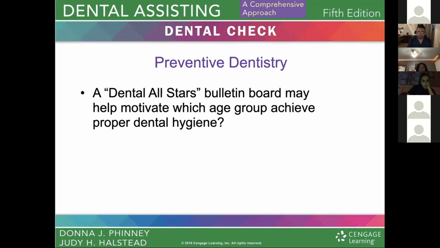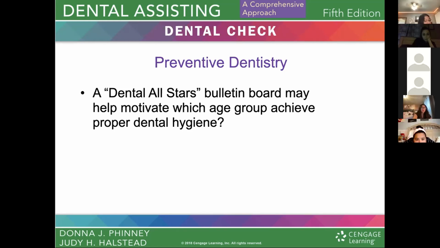Okay, so with preventative dentistry, a dental all-stars bulletin board may help motivate which age group to achieve proper dental hygiene? Who can tell me this? Okay, who should I pick on?